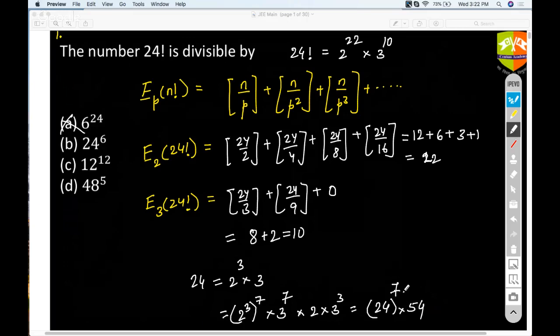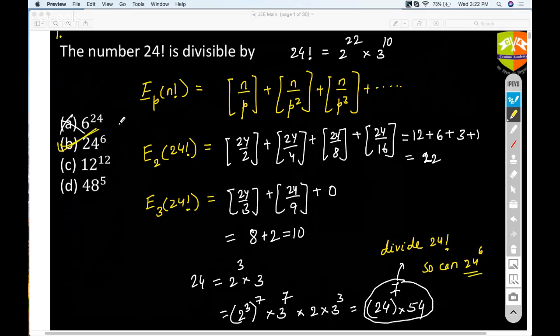That means I can always extract 24 to the power 6 from this. Because if this number can divide 24 factorial, so can 24 to the power 6. So option B is definitely going to be the right option.